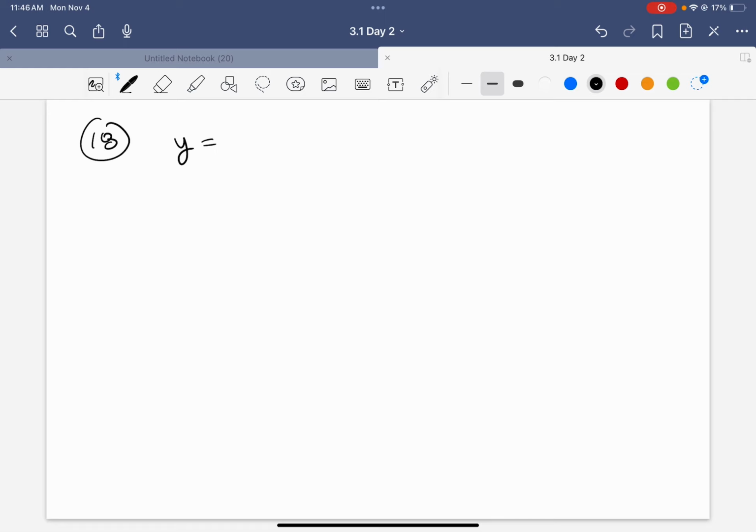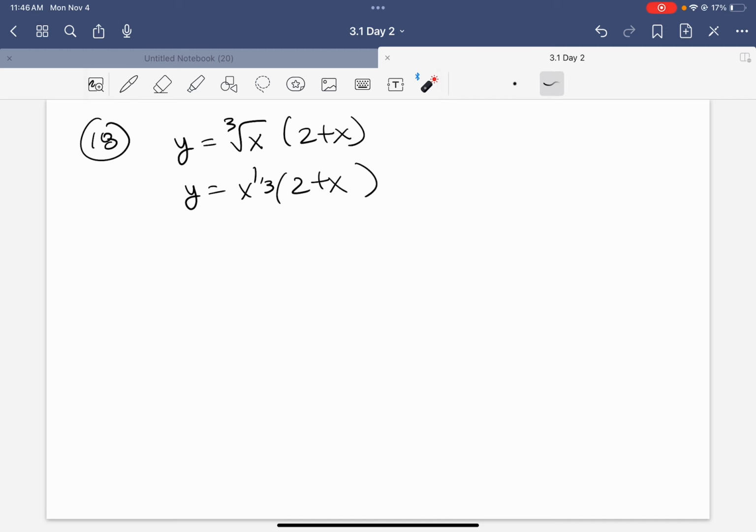So for 18, it's y is equal to the cube root of x, times 2 plus x. Well, the first thing we notice is that's the same as x to the 1/3. And so I have two things multiplied together. I do not have a rule that allows me to deal with things multiplied together. So I change the form by distributing first.